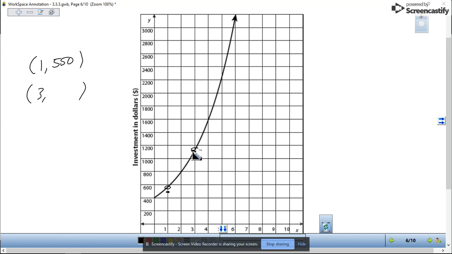And then at 3, which is the other point, it looks like I am here, which again we need to call something. So let's go with, I don't know, maybe 1100. Pretty close. That doesn't have to be perfect here, because if I give you one like this on a test, I'll make sure you're calculating your average rate of change at nice, neat, what they call lattice points.